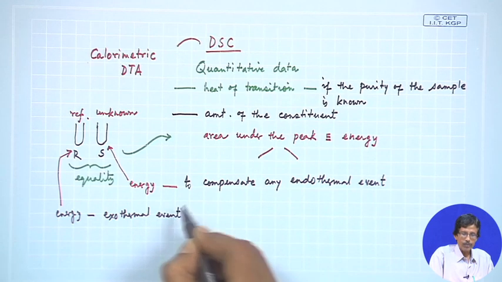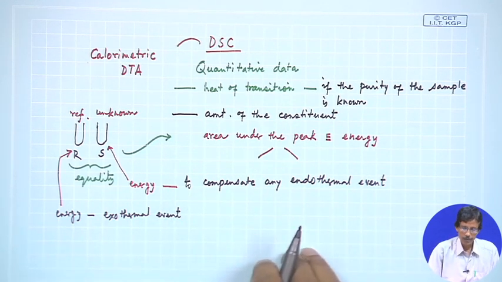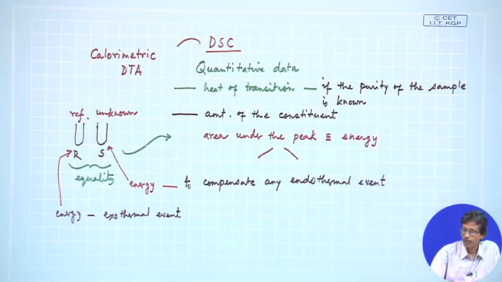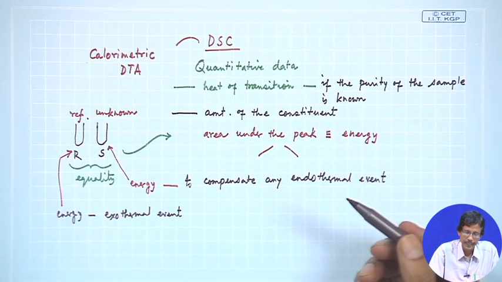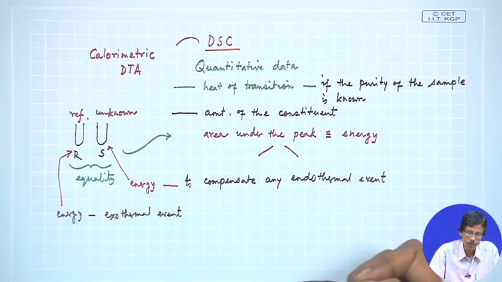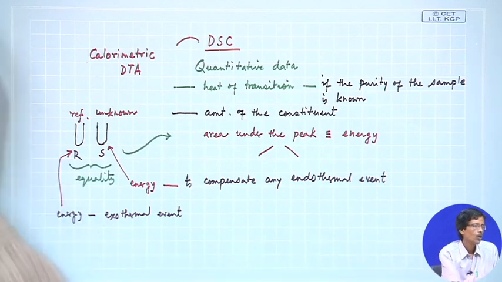So, these two events, whether you have an exothermal event or an endothermal event, can be monitored very nicely for a large number of reactions which are triggered by a change in the temperature of the medium which we keep in the furnace.